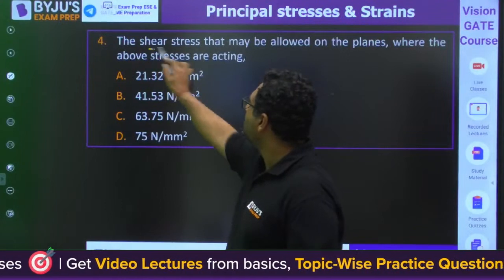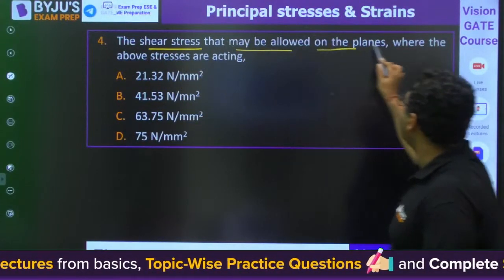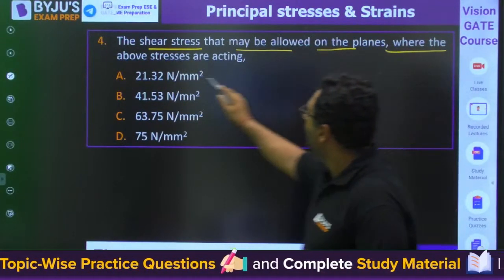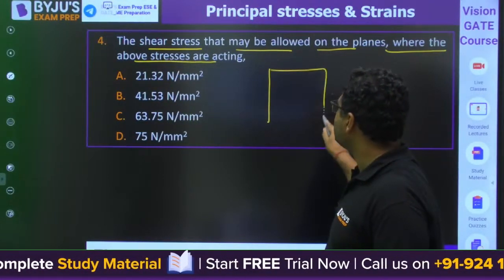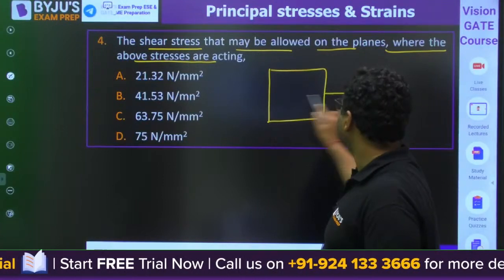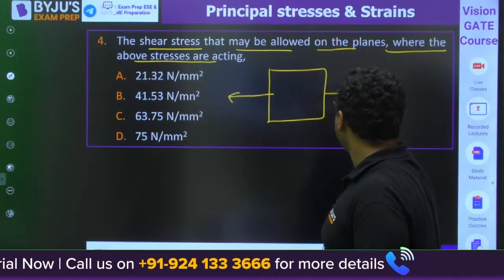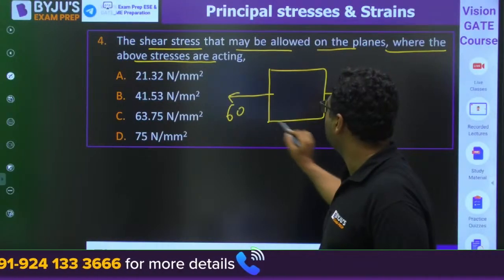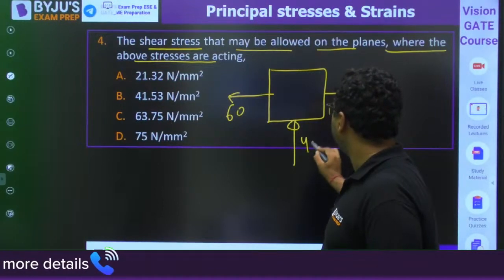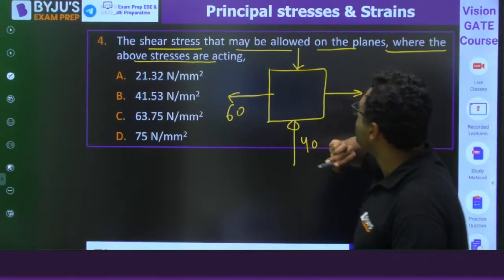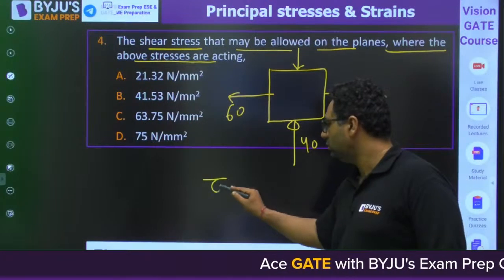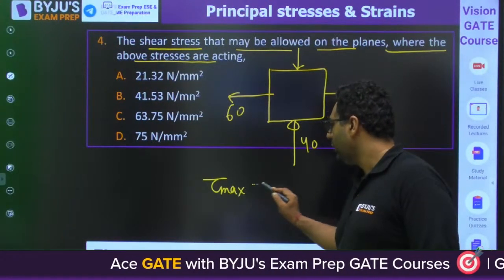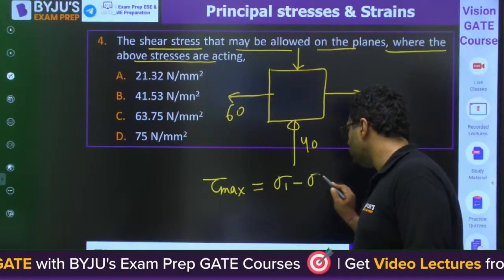They are asking the shear stress that may be allowed on the planes where the above stresses are acting. So the previous case only, 60 and 40. For this case, they are saying the shear stress, tau max, you need to find out. It is sigma 1 minus sigma 2 by 2.